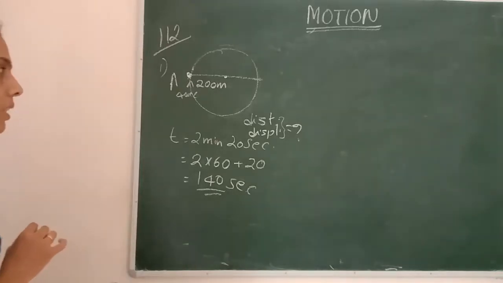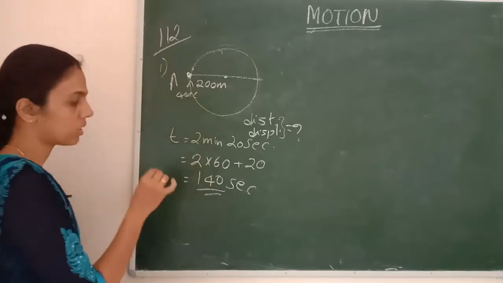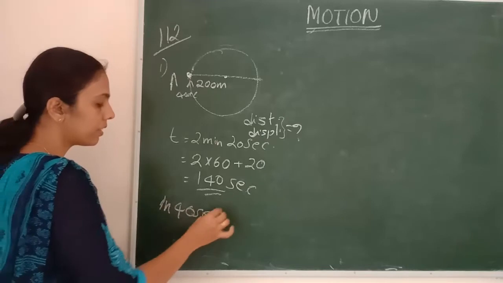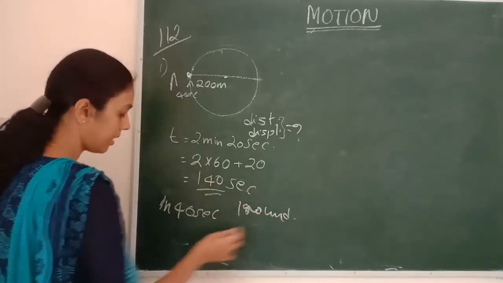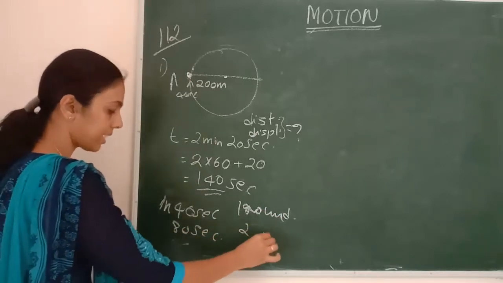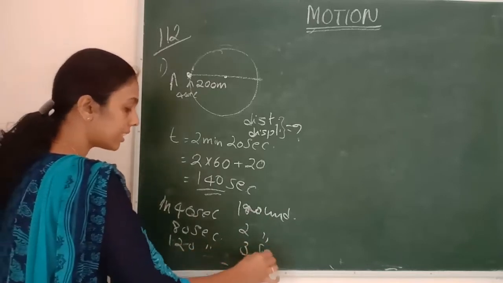How can we find the distance and displacement? In 40 seconds he takes one round, then in 80 seconds he will take the second round, and in 120 seconds the third round.